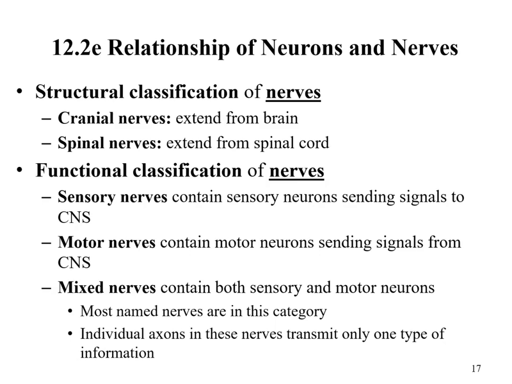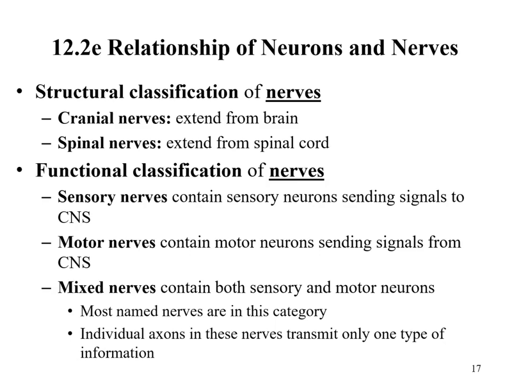All right, how do we classify nerves? Well, we can classify them structurally or functionally. Structural classification of nerves, you're going to have cranial nerves, which extend from the brain, or you're going to have spinal nerves, which extend from the spinal cord. The functional classification of nerves, you can have sensory nerves, which are going to contain sensory neurons, sending signals to the central nervous system.